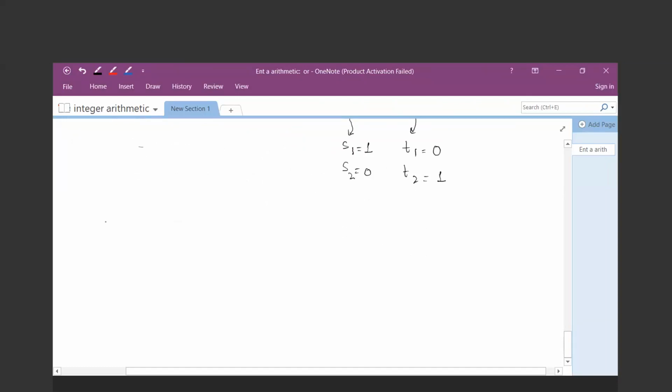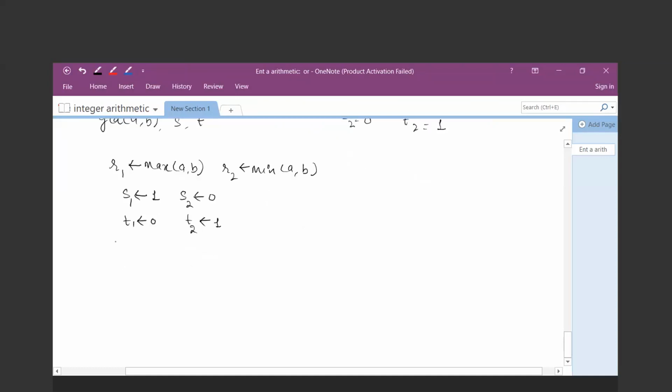Now first have a look over the algorithm. Suppose you have to find out the GCD of A comma B with value of S and T. The same scenario: R1 should be the maximum value of A comma B and R2 will be the minimum value of A comma B. The value of S1 is 1, S2 is 0, T1 is 0 and T2 is 1.